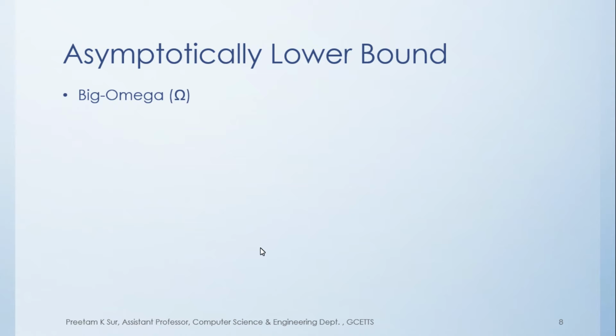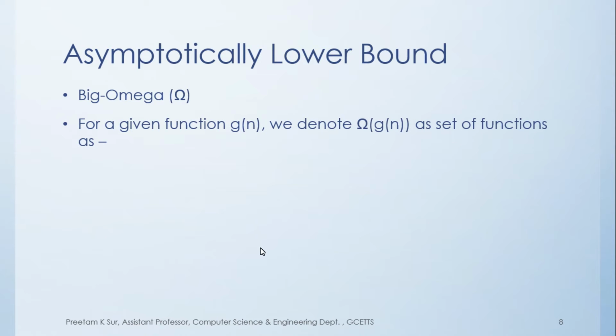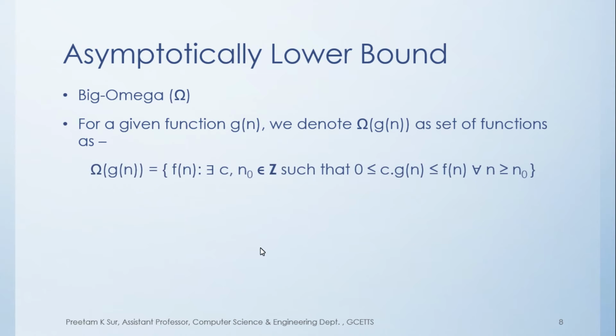So asymptotically lower bound is represented by the Greek letter big omega, and is formally defined like this: for a given function g(n), we denote big omega of g(n) as a set of functions. How is the set defined?